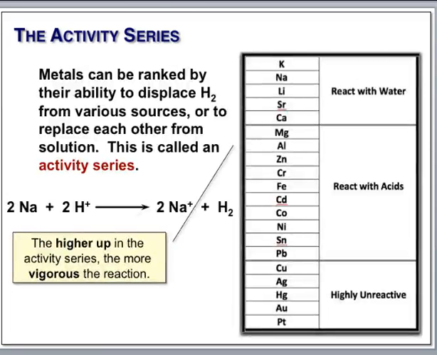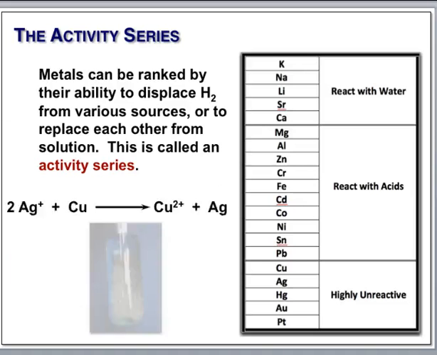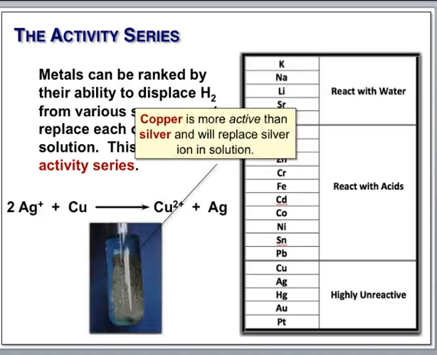Iron replaced it, and we grew this little bit of copper on our shiny nail. Anything that's above it will replace anything below. Again, by example, for silver and copper, silver is here, copper is there. Therefore, copper goes in solution, and silver grows like that.